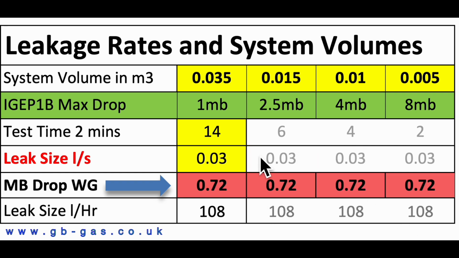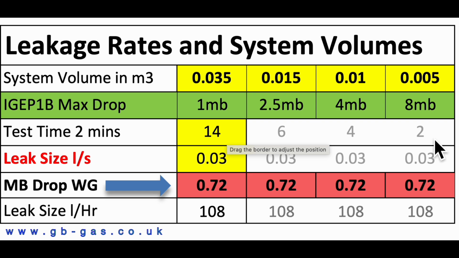So this just shows you that I would need to do my tightness test for 14 minutes on a larger system in order to show the same amount of drop on my water gauge as tightness testing on a smaller system for 2 minutes. So this is the way it's done commercially. As we said, the issue with this is there would be far too much to work out to calculate.